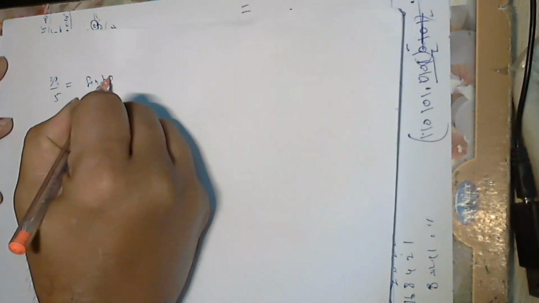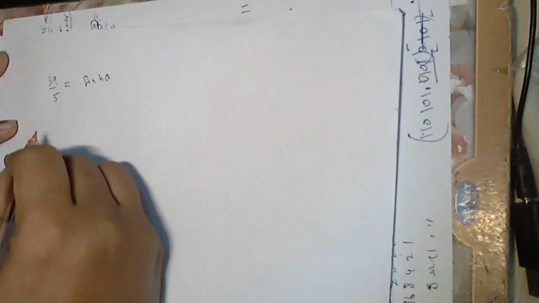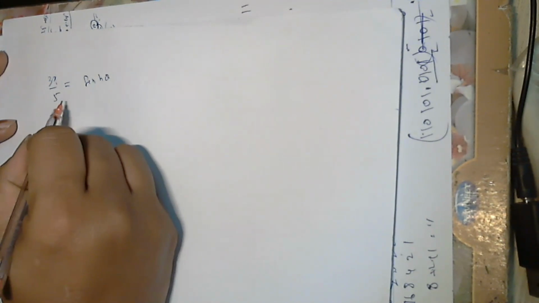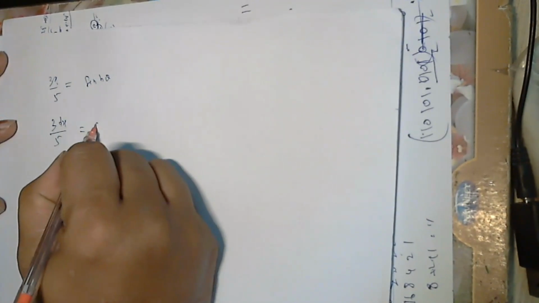Let 3x by 5 is equal to sin h theta. Then if I differentiate, 3 dx by 5 is equal to cos h theta d theta.